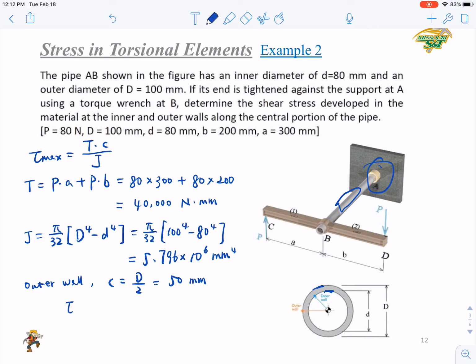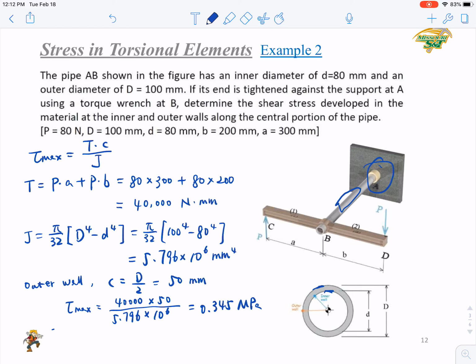So your tau max will be 40,000 times 50 over 5.796 million. Then you will get 0.345 MPa.